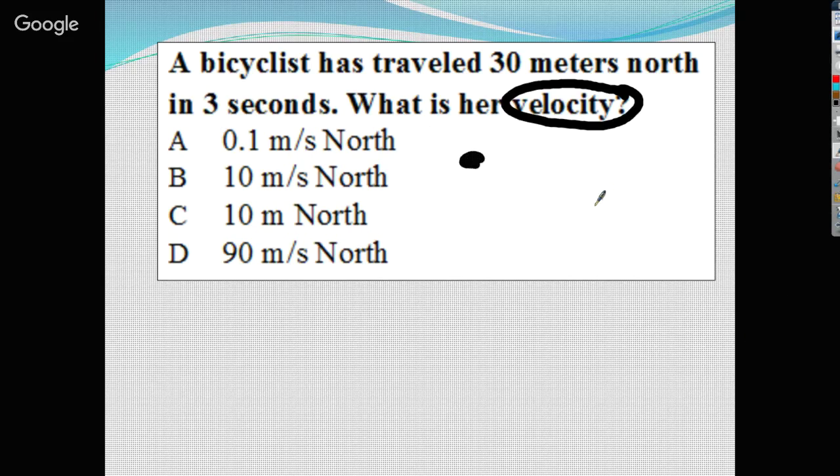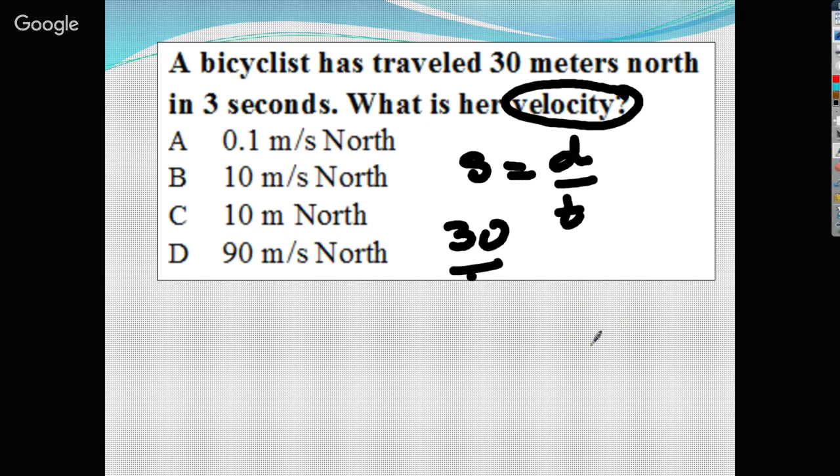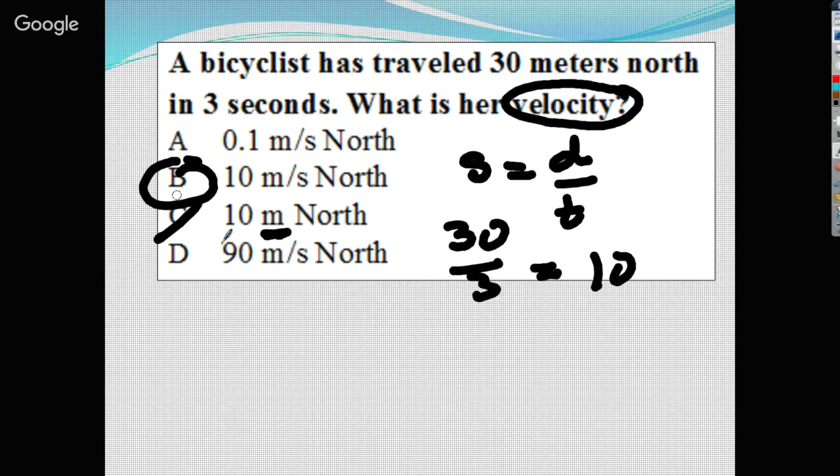Speed. Speed equals distance over time. So it's 30 divided by 3. What do you get? There's your answer. But look, is m a speed? No. So C is incorrect. B is the correct answer. That is the only one with a speed and a direction.